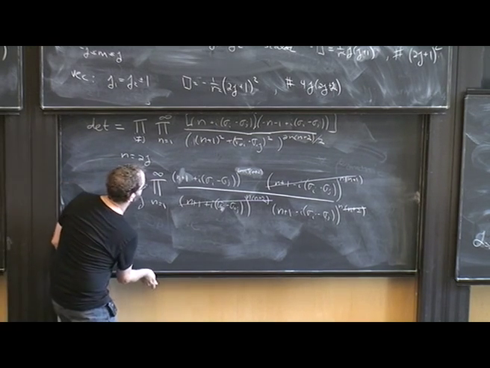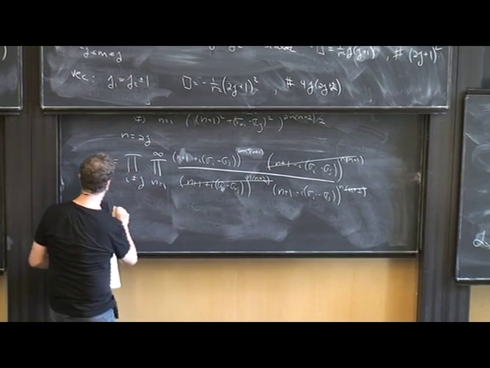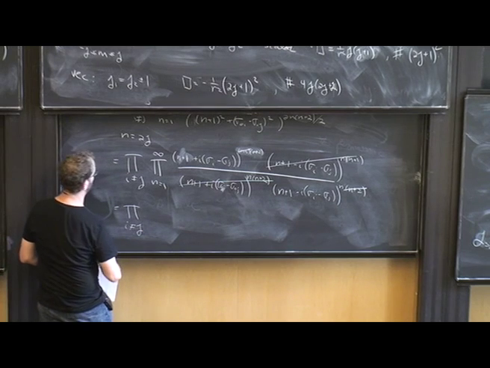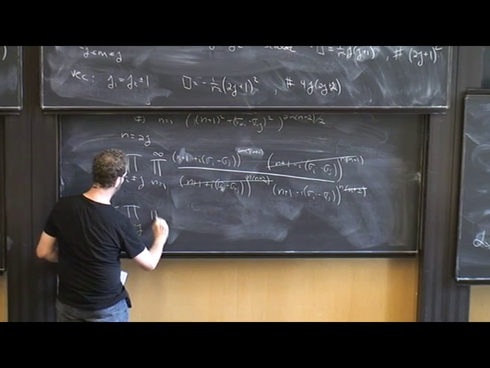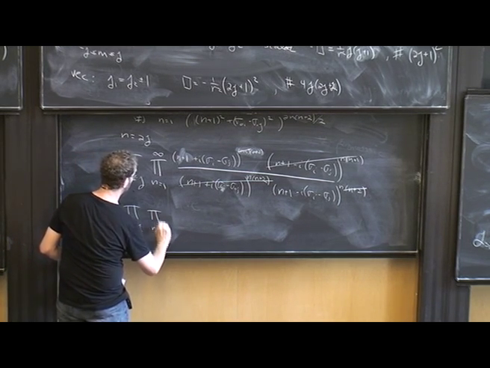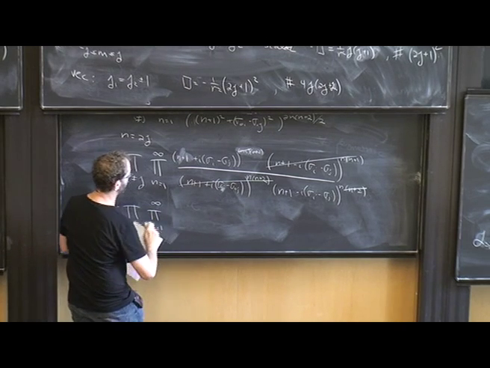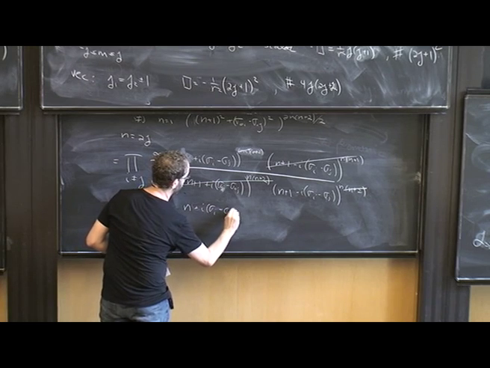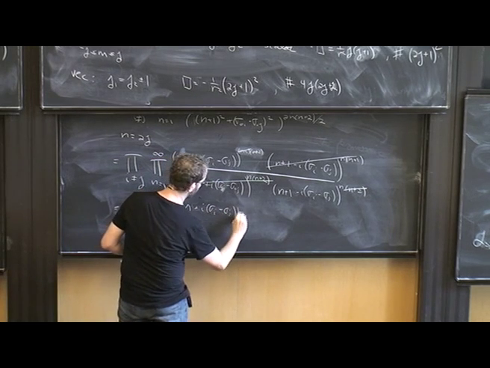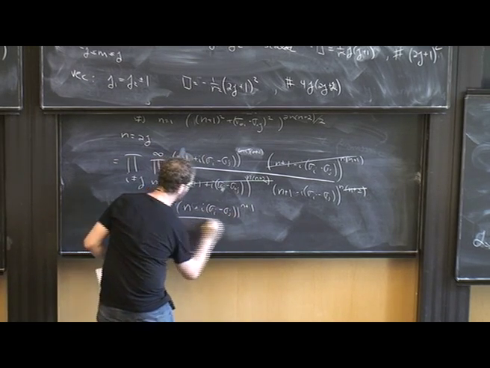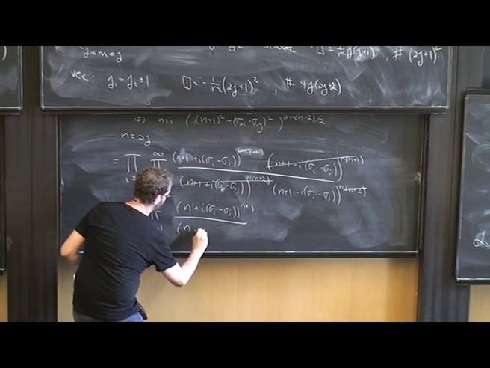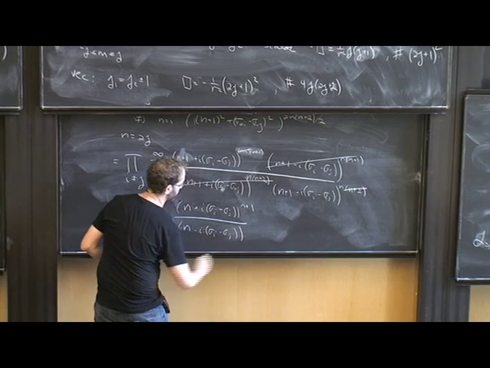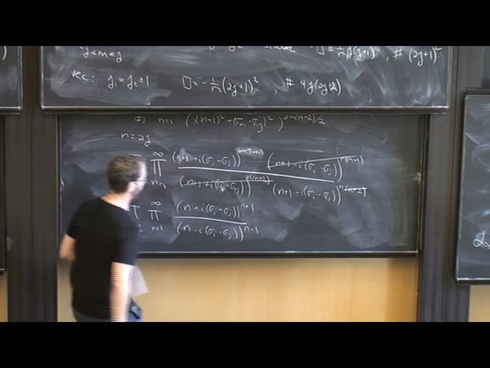And here I have n times n plus 1 and so on, so I have just n. The denominator. This is not exactly what I wanted. Oh, this is what I wanted. So I can also write it again, shifting it to n. This is equal to the product i different from j, product n equals 1 to infinity, of n plus i sigma i minus sigma j to the n plus 1 divided by n minus i sigma i minus sigma j to the n minus 1.